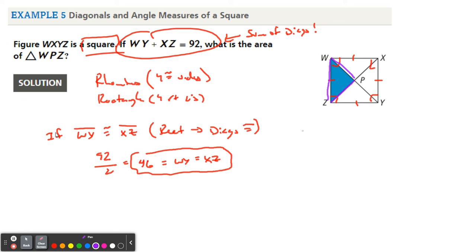Because it is a rhombus, we know that the diagonals are perpendicular. And we already talked about the diagonals being congruent, so each of these pieces is congruent because they're also bisecting. So this is congruent to this, is congruent to this, is congruent to this.